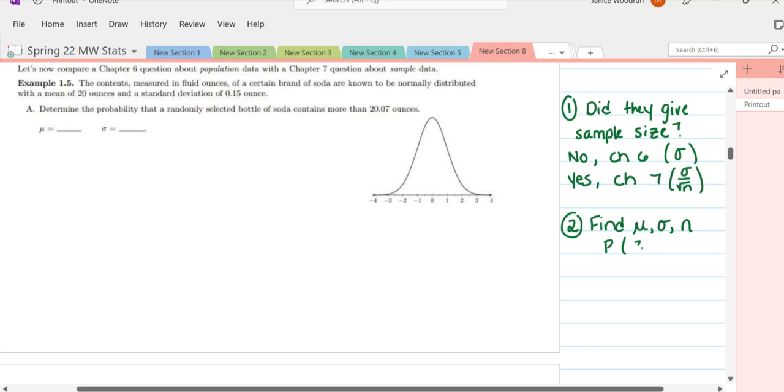P of what are you finding? Okay, so here we have the mean is 20 ounces. The standard deviation is 0.15 ounces. We were not given a sample size. The probability that we are finding is the probability that x is more than 20.07, so greater than 20.07.